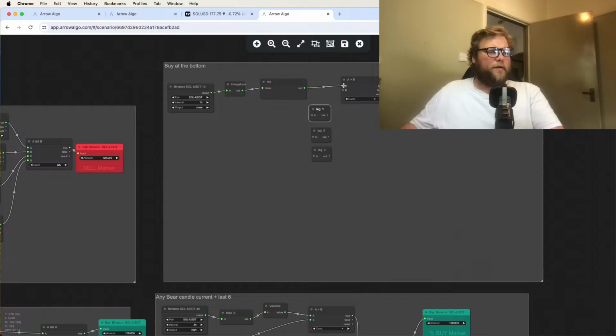So we're going to say the current value is higher than the last one. But the last one in turn was lower than the one before. And the one before was lower than the one before that.